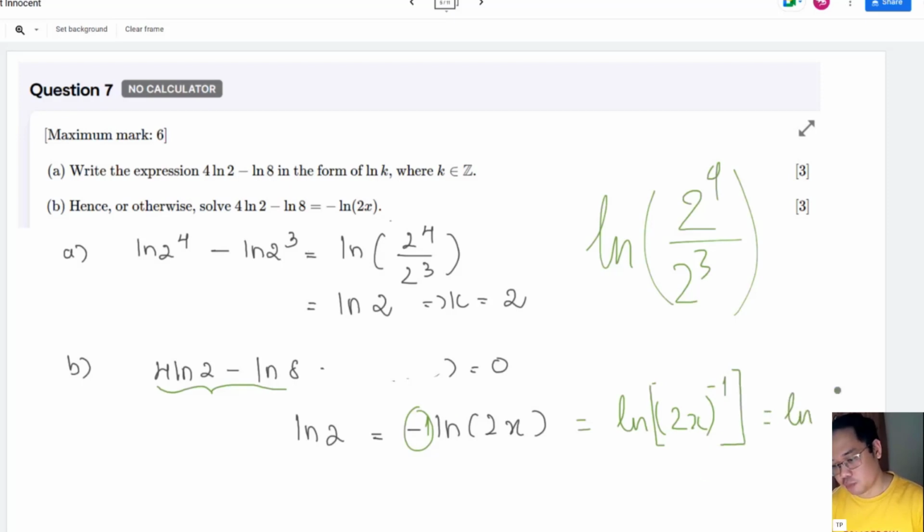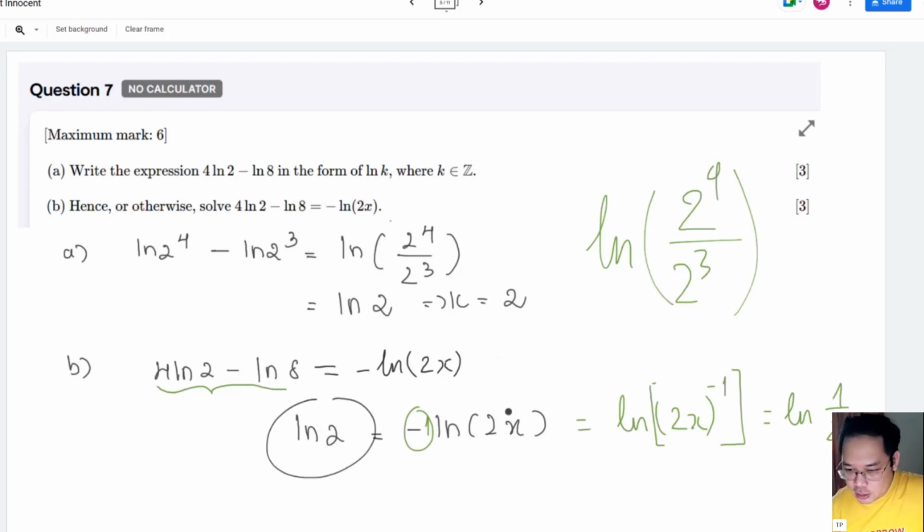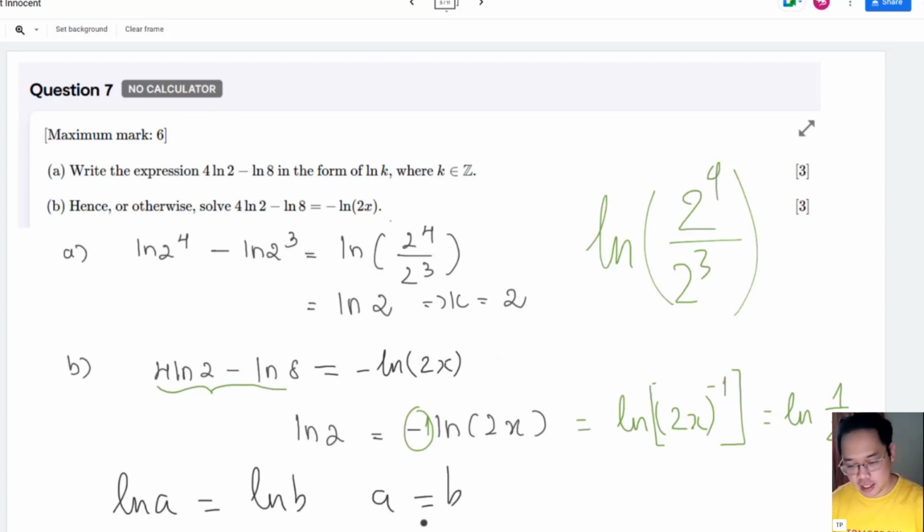Meaning it is the ln of 1 over 2x. Okay. Yeah. So continue. Equal minus ln of 2x. Continue. How do we solve this one? So change to e. No. Simply when the two ln like this equal to each other, like for example, ln A equal to ln B, so A must be equal to B. Simply that.